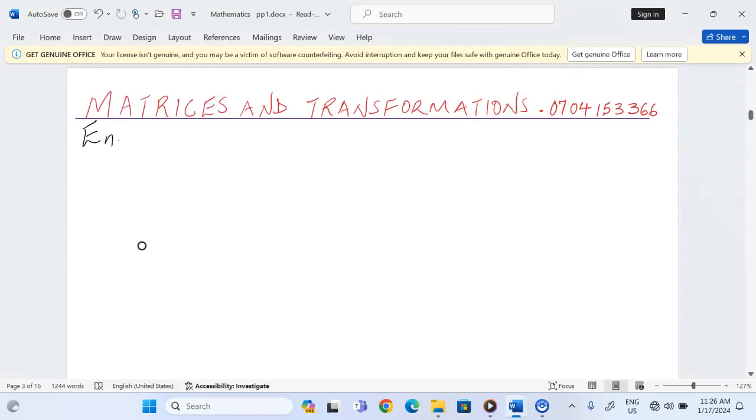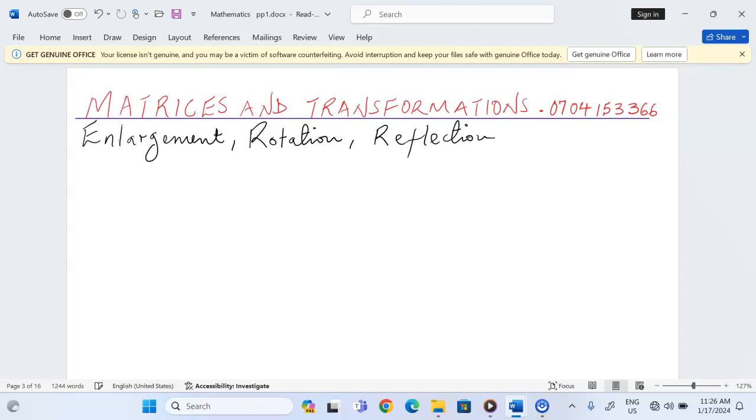We can list a few: we have enlargement, we have rotation, we also have what we call a reflection, we have what we call a translation. But it's good to know that there are more transformations like shear and stretch, which are going to be seen later in the same topic.